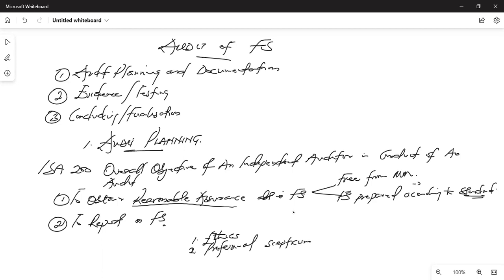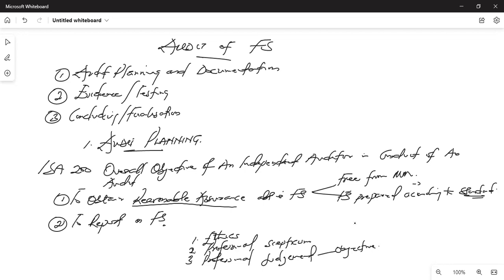And this one, we explained that he has to plan and perform his audit with a questioning mind. That is what we said. And once he's able to do that, we expect the auditor to also exhibit what we call professional judgment. This one is objectivity.